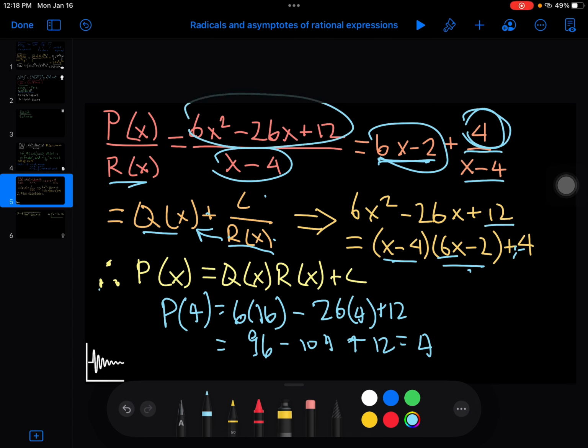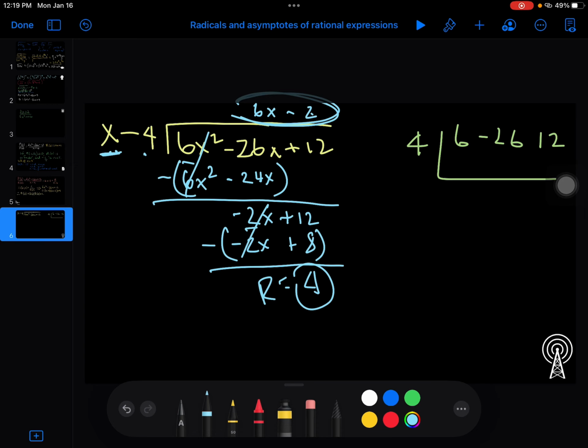And so, therefore, p of x, that's our initial numerator, is equal to q of x, that's our quotient, times the original denominator, r of x, plus some c, which is our remainder. Ta-da!